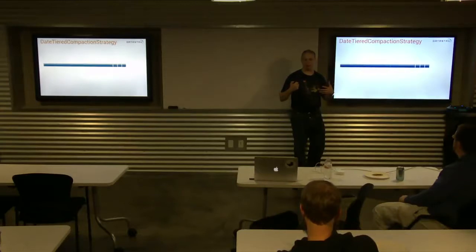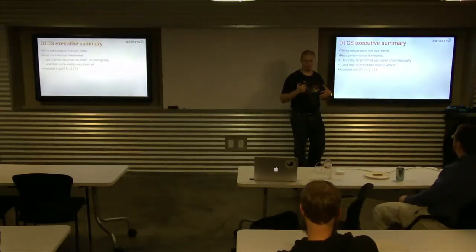And we keep doing that until we get to, I thought I had the number here. I guess I left it out, I'm sorry. But there's a second setting that says it's the maximum date tiering threshold.